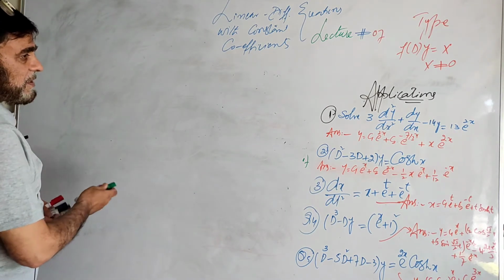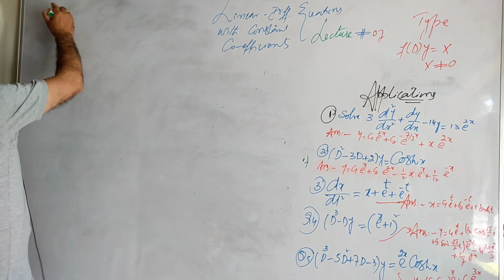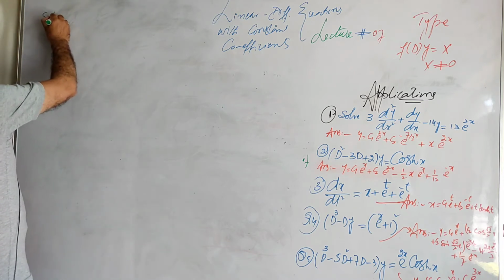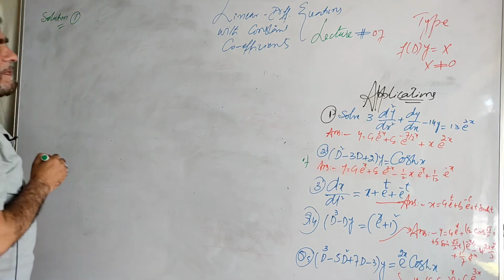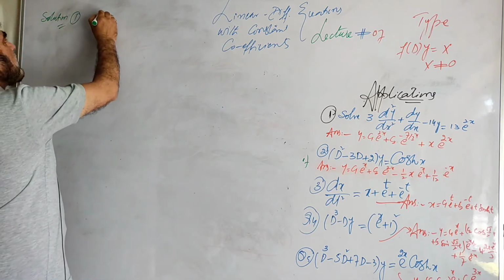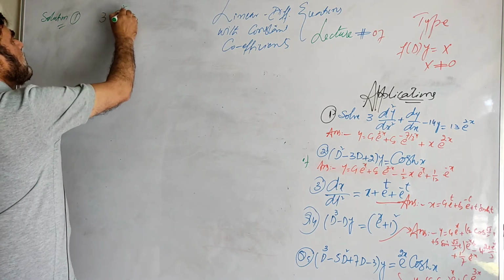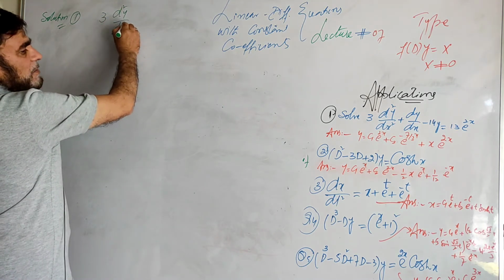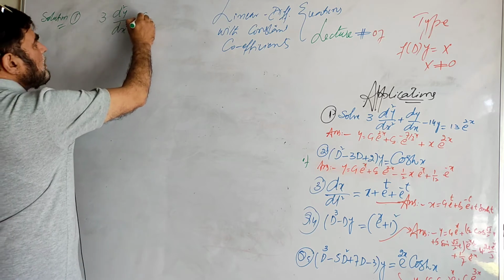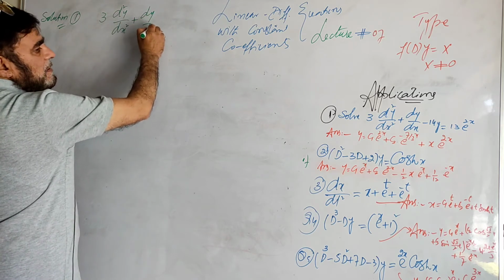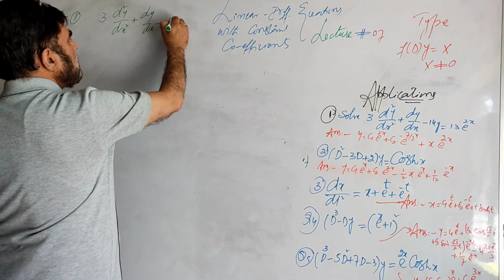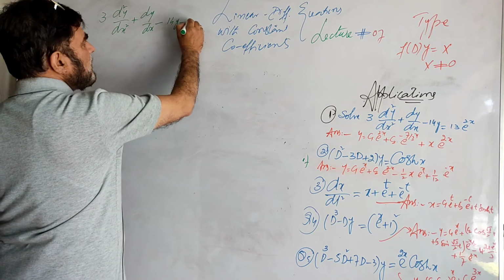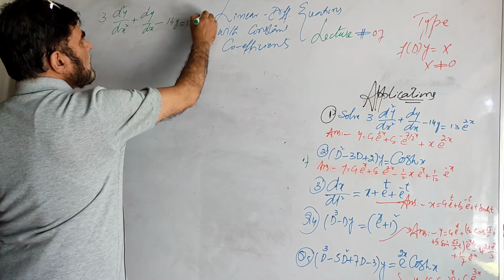Well, I will discuss the solutions now. Solution of problem number 1. It is 3 times d2y by dx square plus dy by dx minus 14y is equal to 13 e raised power 2x.